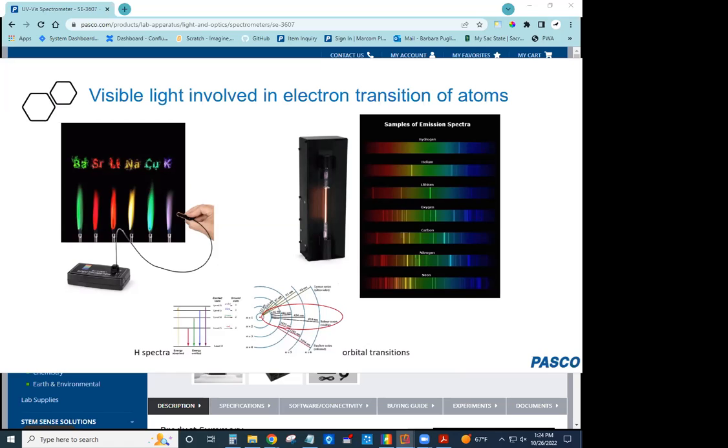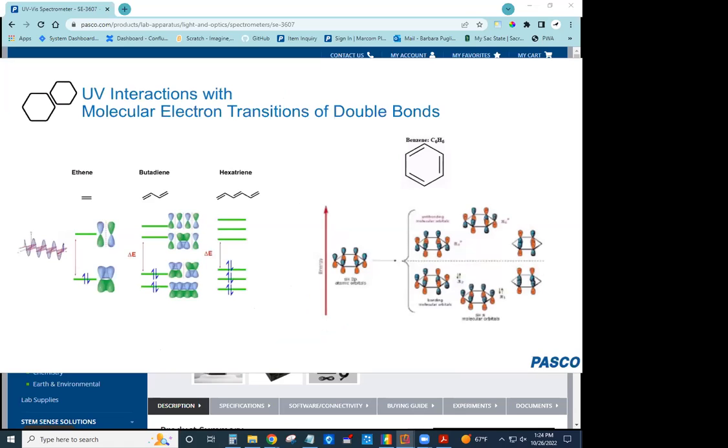That's the visible light you see when those electrons are falling back down into that level, and those colors determine which element is in the metal, or if it's a gas that's been excited electronically, especially if it's a single element, you can really see those electrons falling around the atomic level. The UV is important, though, for molecular transitions.